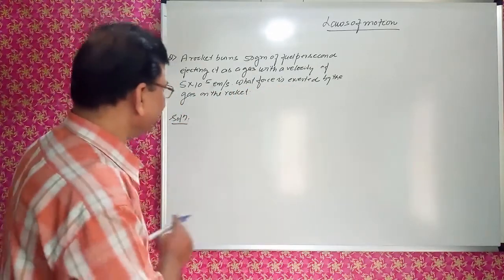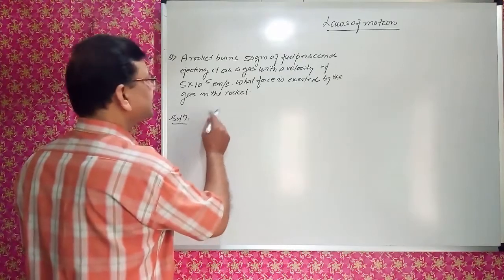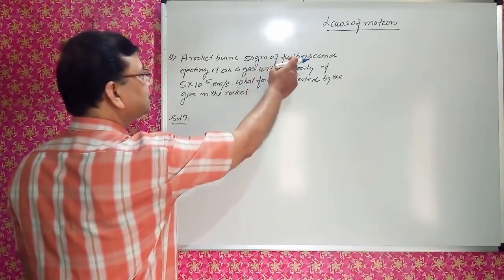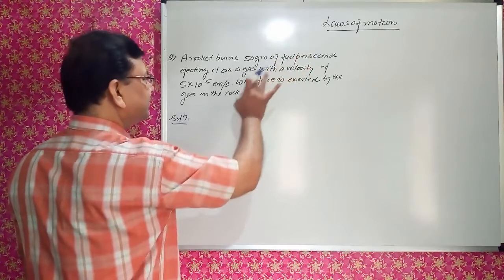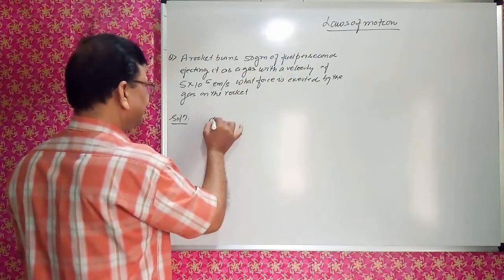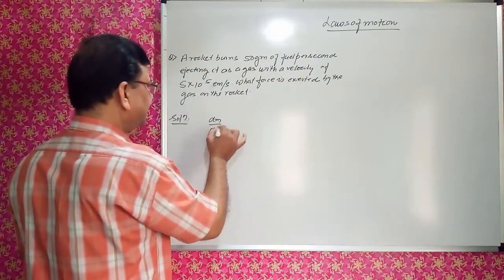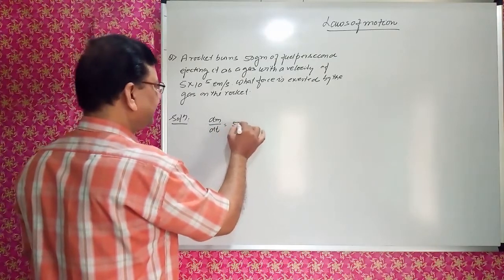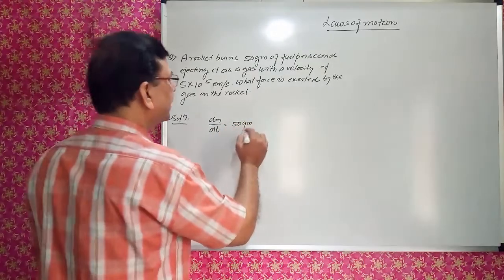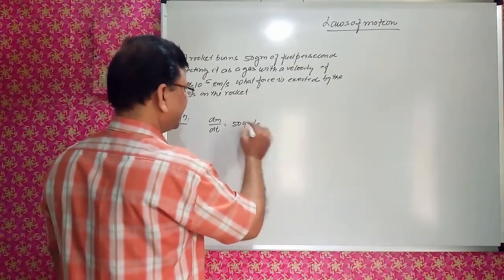So I will write what is given. That is 50 grams of fuel per second, meaning the rate is given. So here dm upon dt is given, that is 50 grams per second.